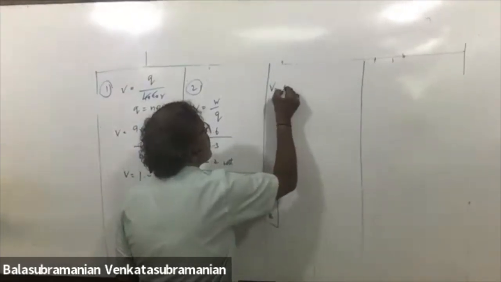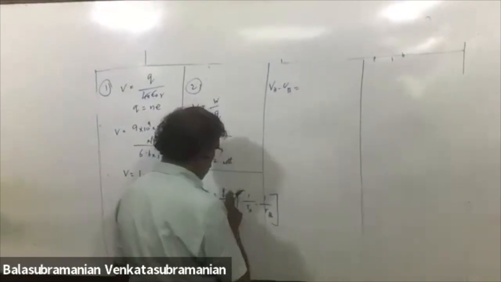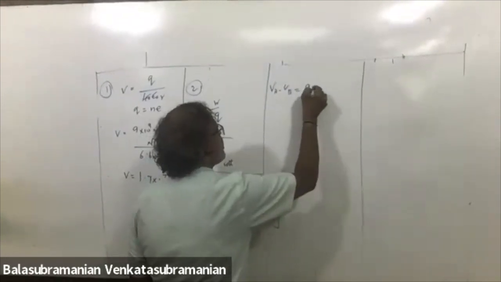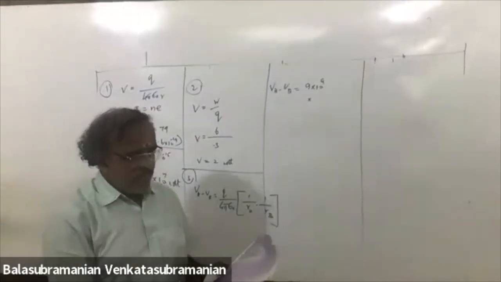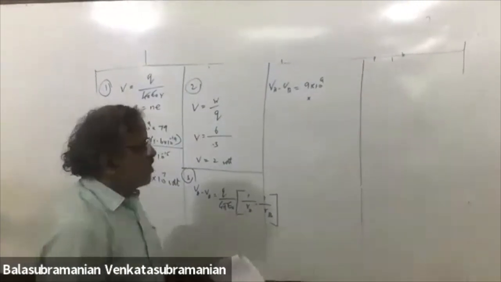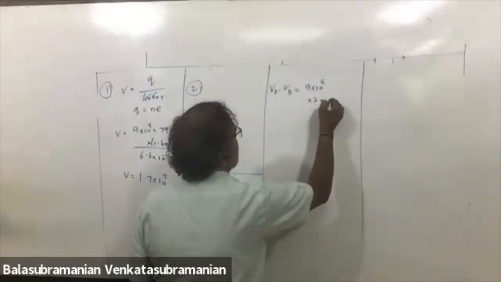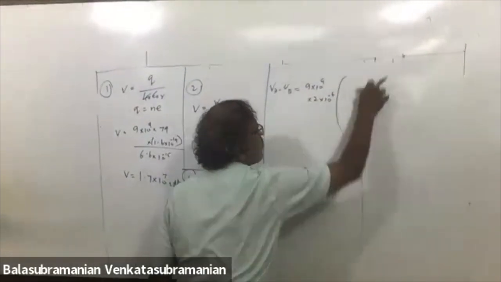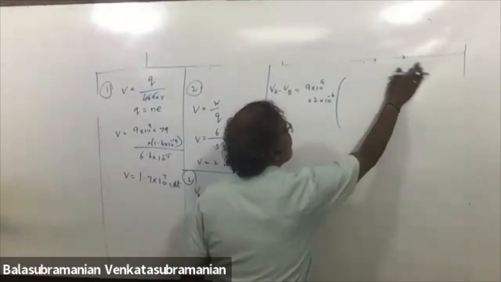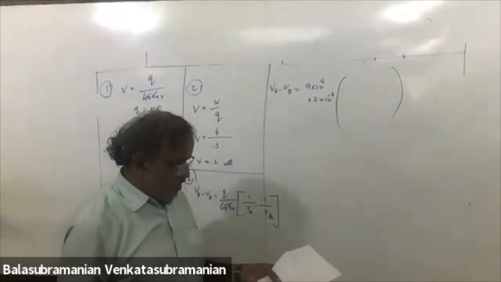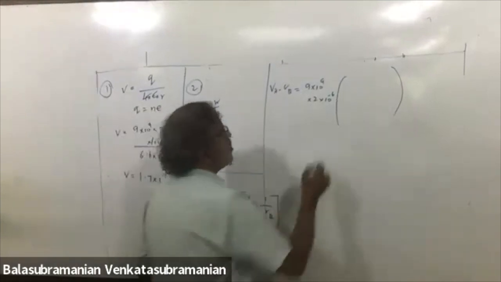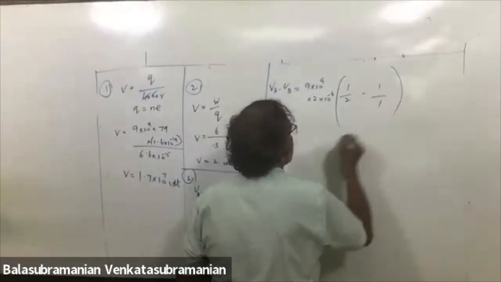So VA minus VB is equal to 1 by 4 pi epsilon naught, which is 9 into 10 power 9, into the charge. What is the charge given? 2 into 10 power minus 6, into 1 by RA minus 1 by RB. 2 meters, 1 meter.